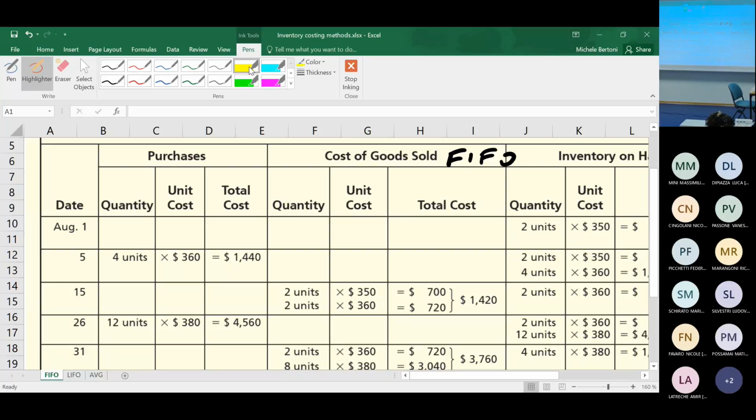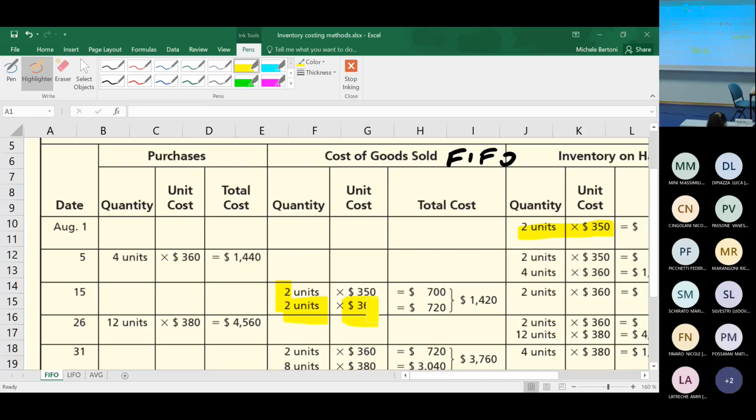So we have here the sales: 4 units. Using FIFO, we assume that you are going to sell the oldest units, so 2 units at 350, and also the second oldest units, which are 2 units at 360.